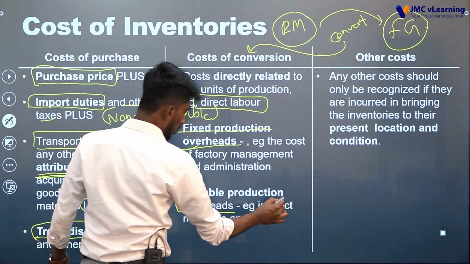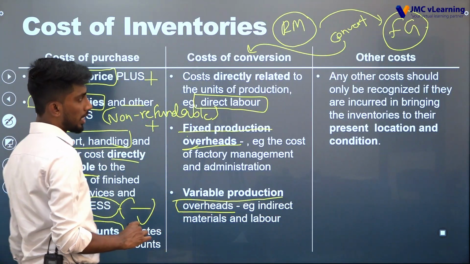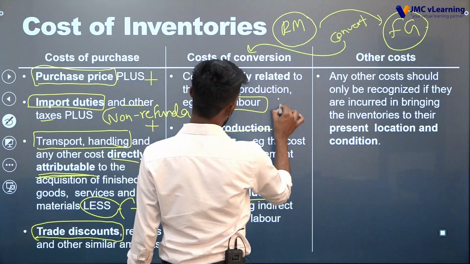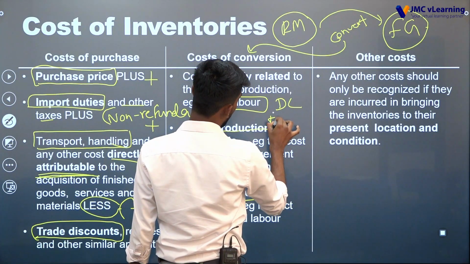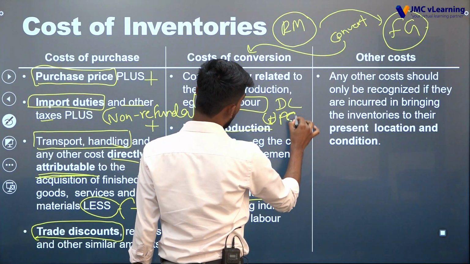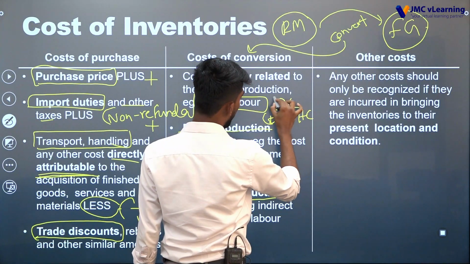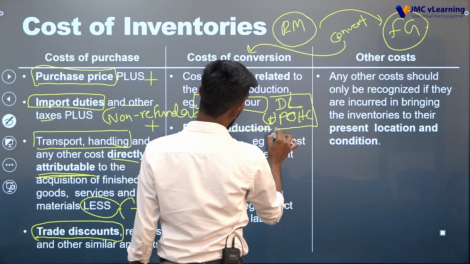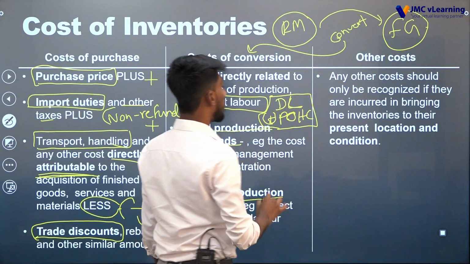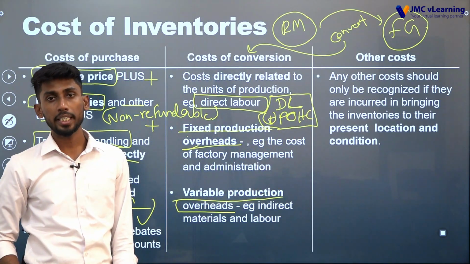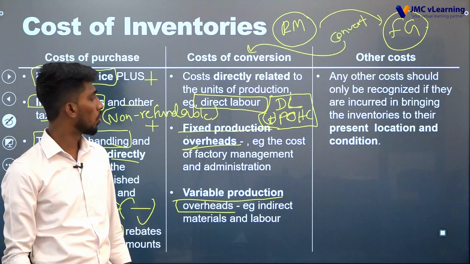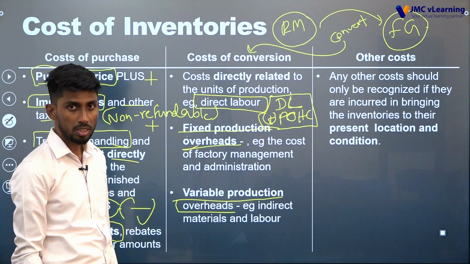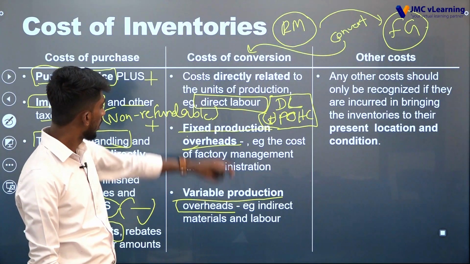So in summary, the conversion cost has the direct labor plus production overhead cost. Make notes: DL, direct labor, plus POHC, production overhead cost. Great.